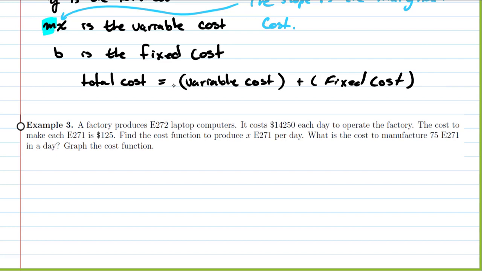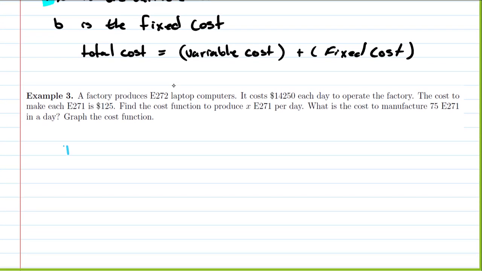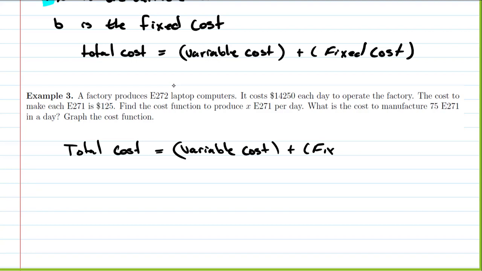So in terms of our model here, we want to come up with our total cost. And our total cost is our variable cost plus our fixed cost.